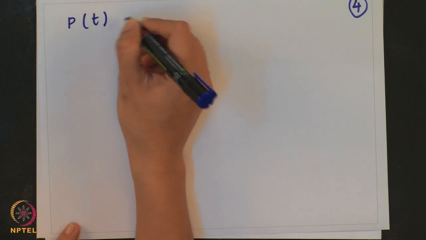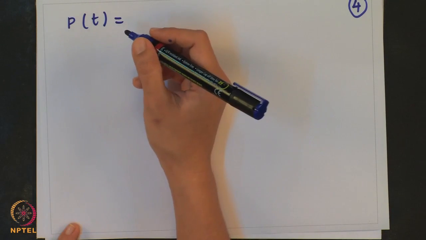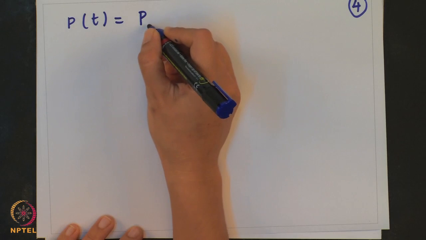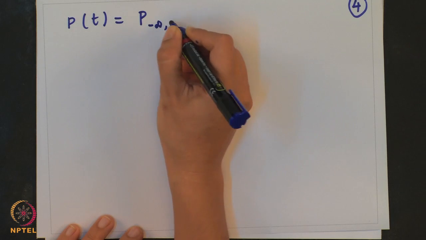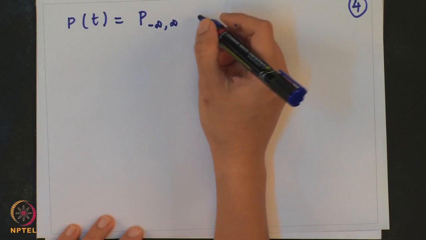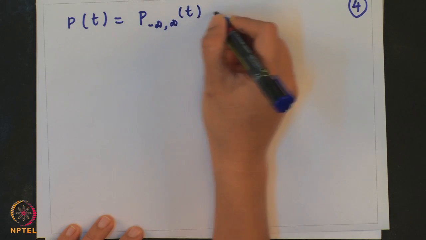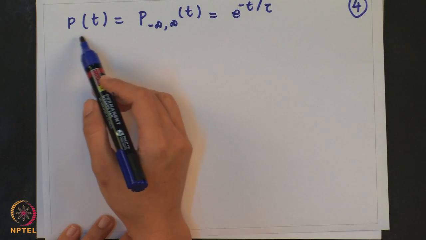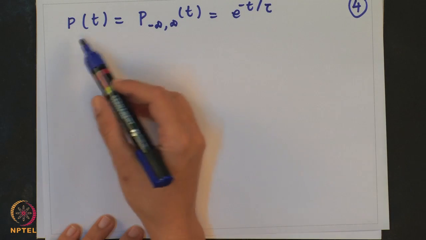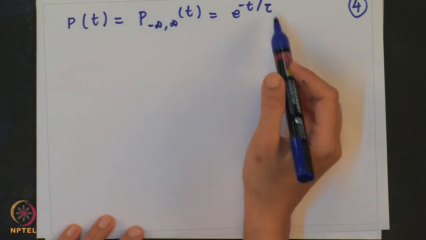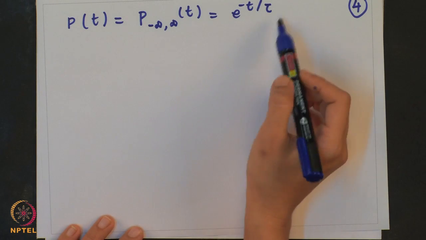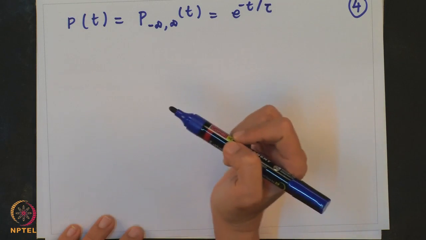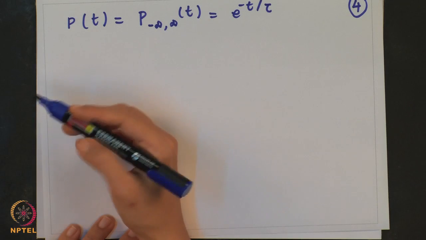Let me write what is given to us. It is given that p of t, with a and b replaced by minus infinity and plus infinity, is equivalent to the final expression we obtain in terms of p of t, which we have to compare with this expression.